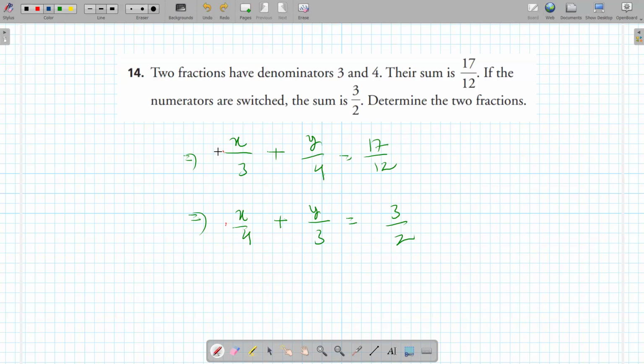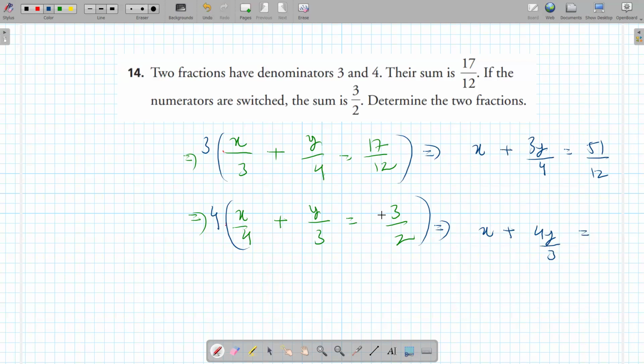The second approach is you multiply this by a 3 and you multiply this by a 4. That will just give you 1x and 1x. So this will become an x, 3 over 3. This will become an x. This will become 3y over 4. This will become 51 over 12. This will become 4y over 3, and this will become 12 over 2, which is a 6.